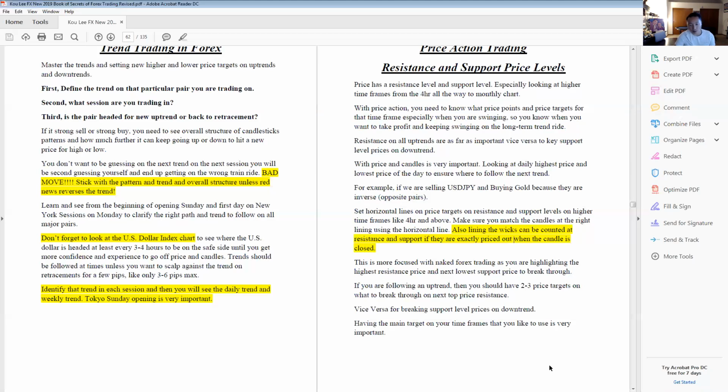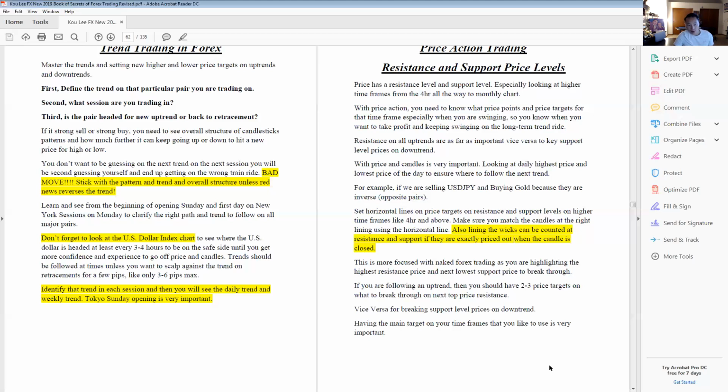So it's very important not to get caught up on just following one resistance price or one level, one support level price. I always set three for the uptrend and three for the downtrend, no matter what.